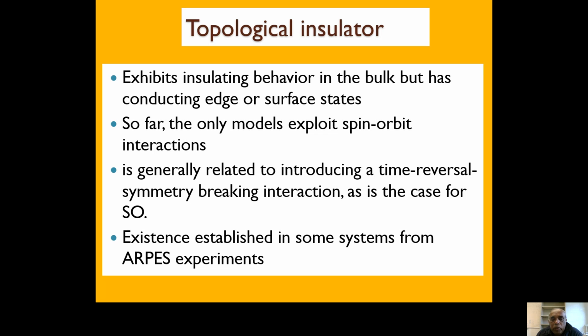We'll talk about that a little later. This is not a hypothetical situation. People have observed these topological properties in certain materials using angle resolved photoemission spectroscopy experiments, something called ARPES.